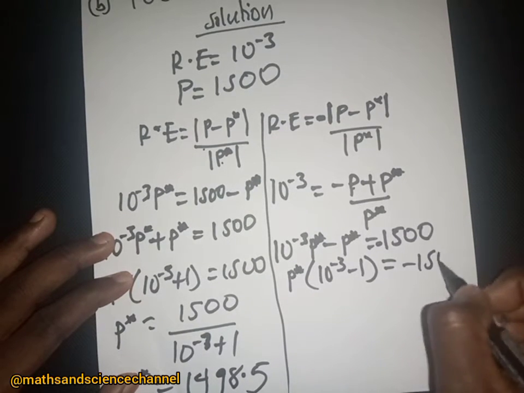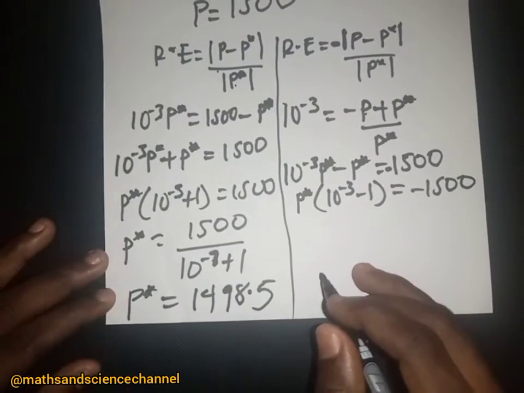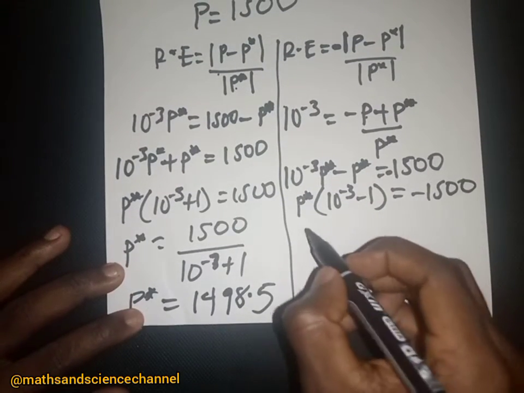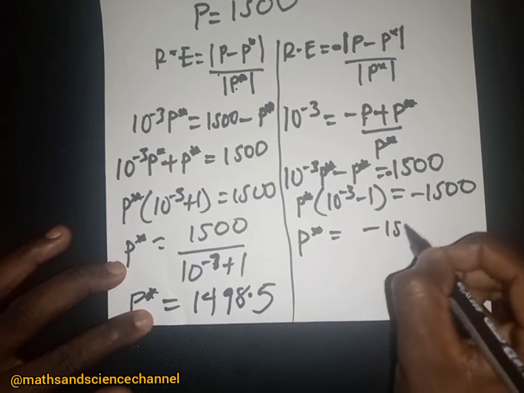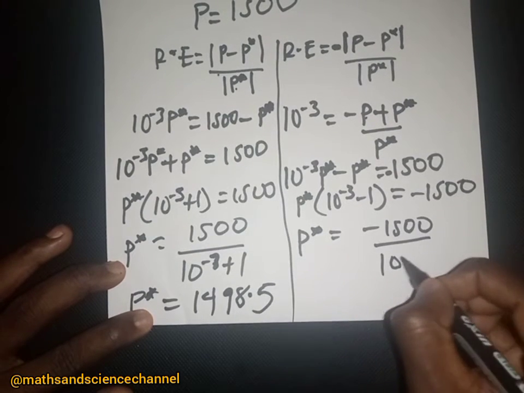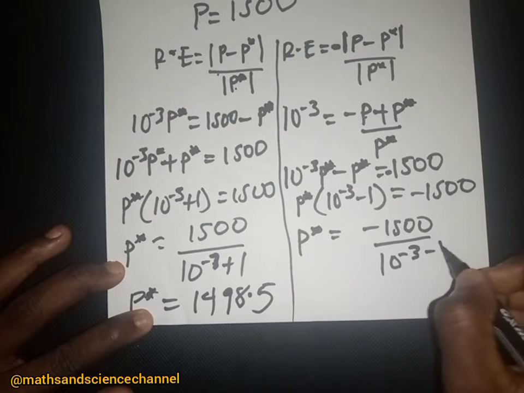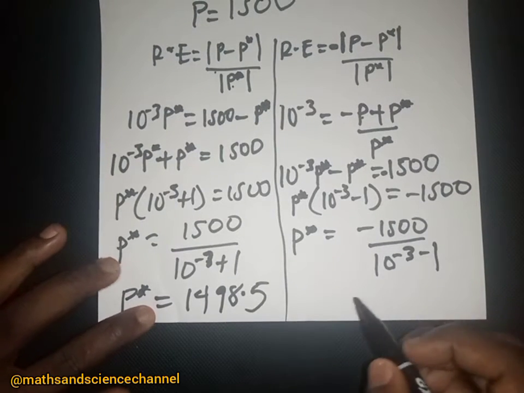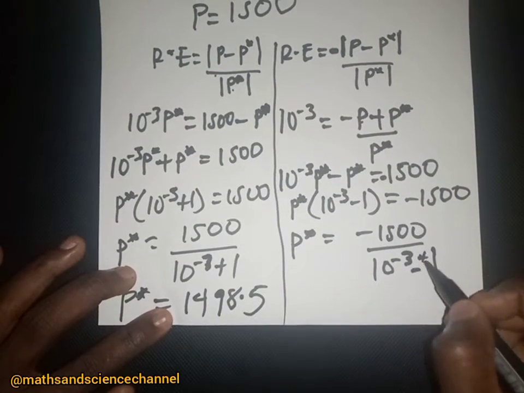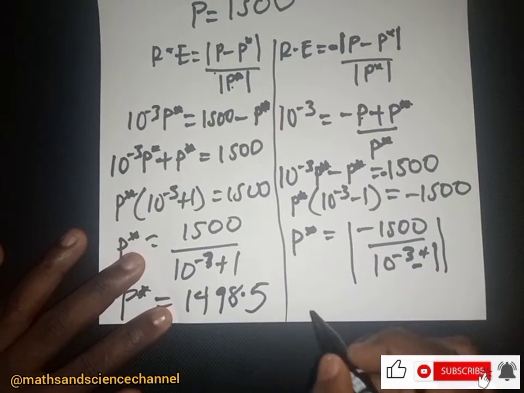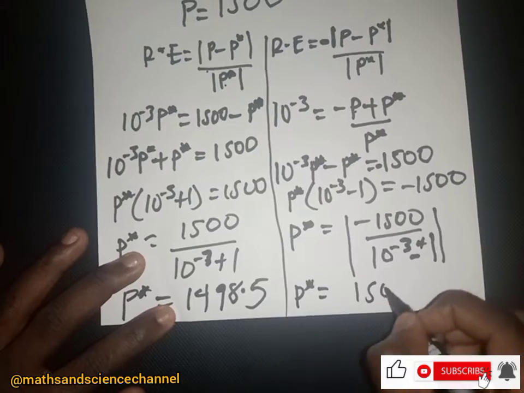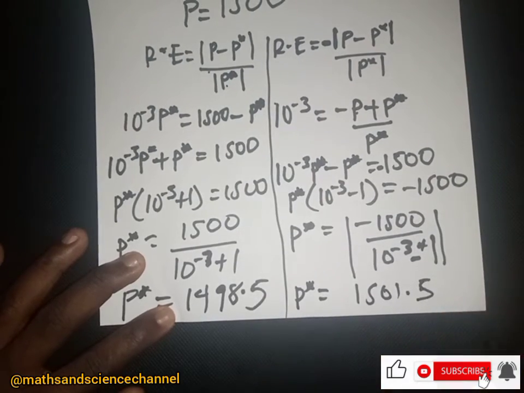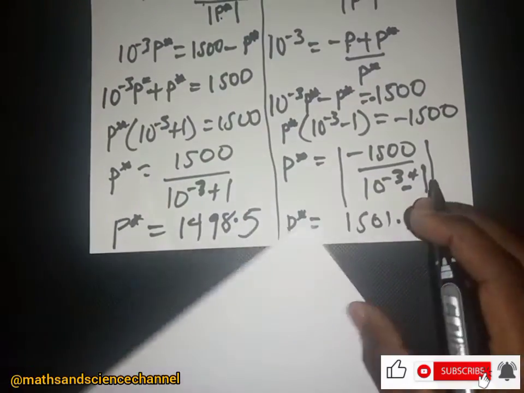But remember it is absolute, so P star will give us 1501.5.